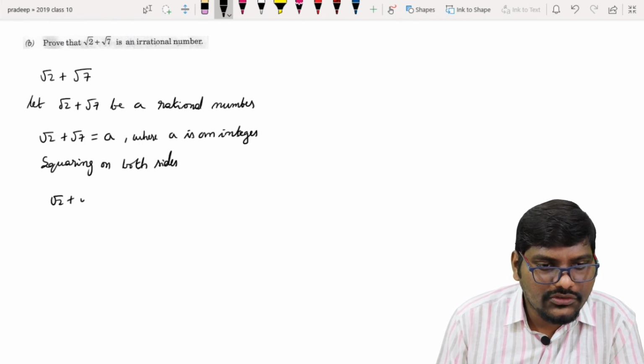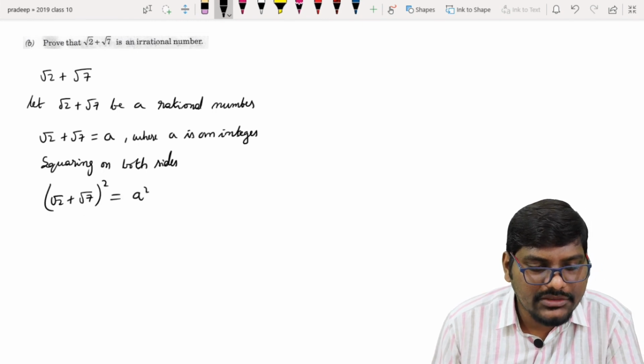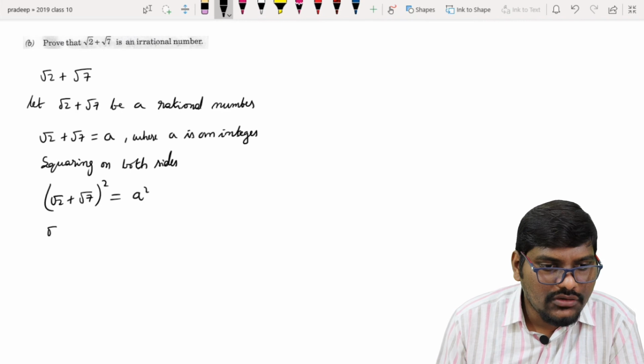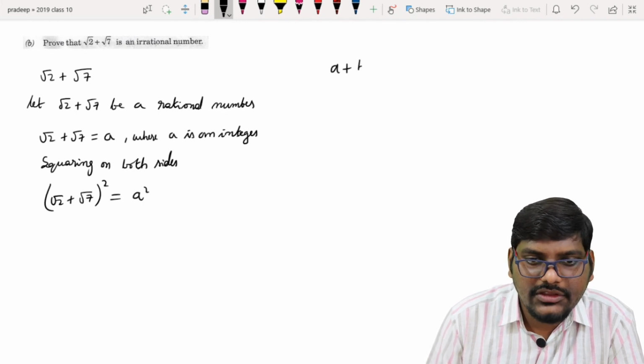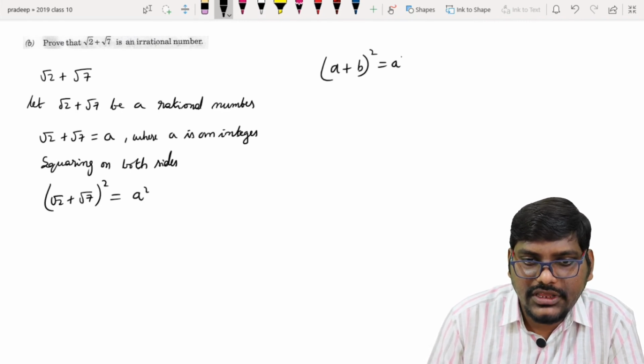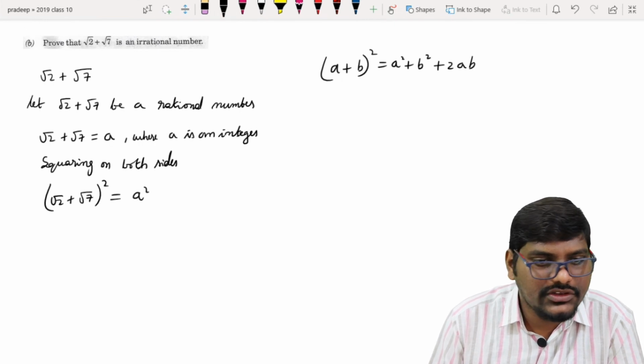So root 2 plus root 7, I'm squaring on both sides. This is in the form of A plus B whole square. What is A plus B whole square? A plus B whole square is nothing but A square plus B square plus 2AB. So we'll write this in the same form.